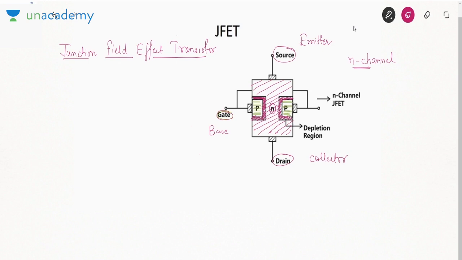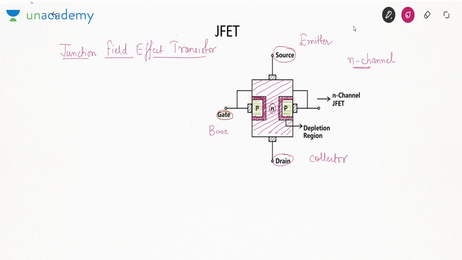Similarly, here the source terminal acts as a source of charge carriers, or it injects the charge carriers into the device. Similarly, drain acts as collector. The purpose of collector was to collect the charge carriers coming from emitter. Similarly, drain will collect the charge carriers coming from the source. Drain means it will take the charge carriers out of the device. Source means supplies the charge carriers.